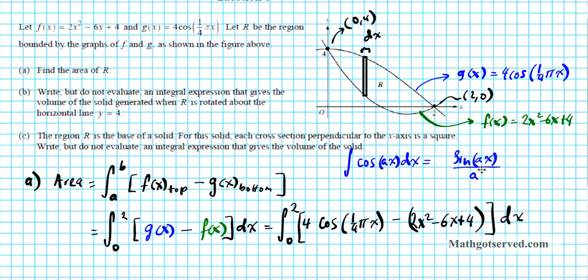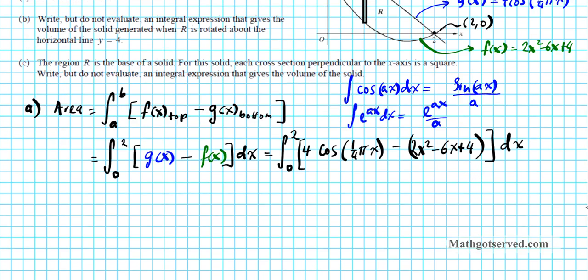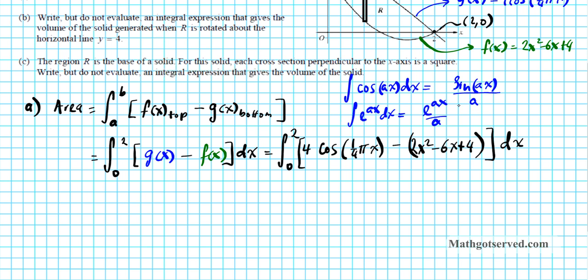Sine ax over a. That's the integral of this. Now let's say we're integrating e to the ax, for example. Using the same shortcut, it's simply going to be e to the ax over a. Remember, when differentiating this, you multiply by that coefficient, right? But when you're integrating, you just divide by it. So it's a shortcut to simplify the u substitution process. If you forget this formula, you can use u substitution and you'll be just fine.